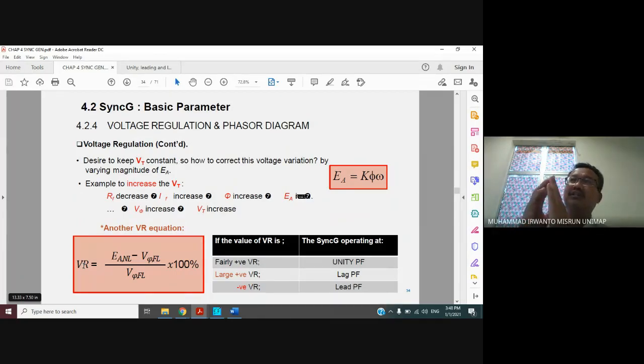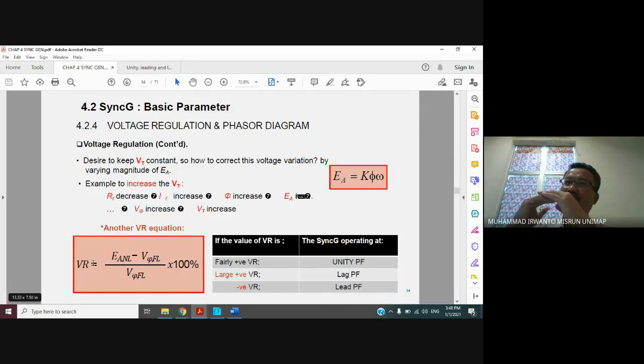The voltage regulation is equal to the internal generated voltage at no load minus the phase voltage at full load, divided by the phase voltage at full load. And then how about the value of the voltage regulation? Because remember, the type of cos theta, the type of power factor, can be unity, lagging, and leading.